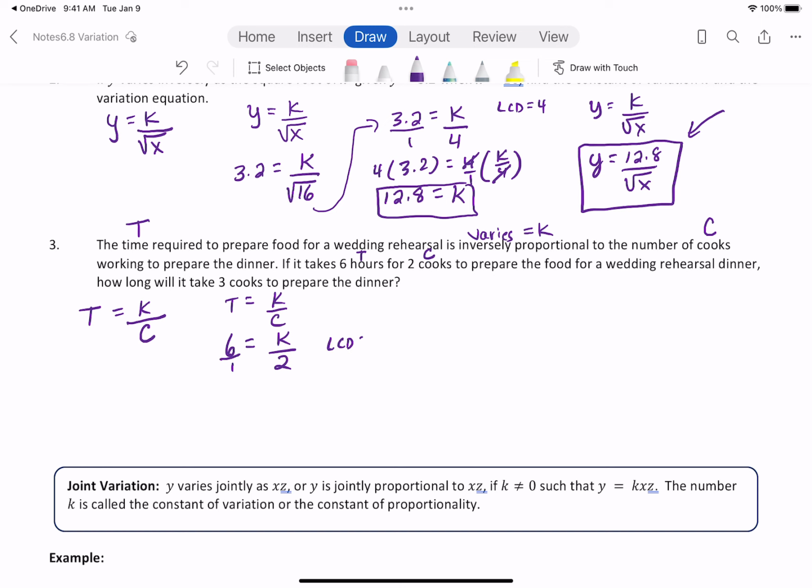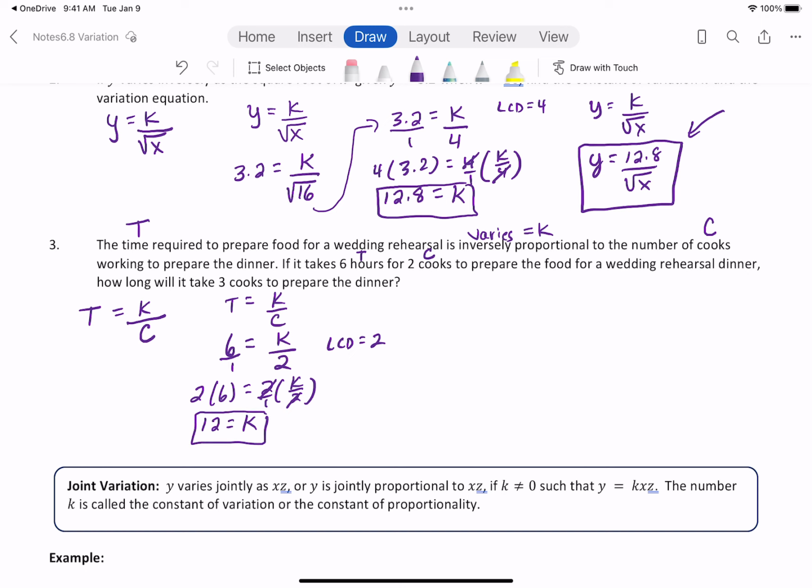My LCD is 2. So I'm going to multiply each side by 2. So on the left hand side, 2 times 6 is 12. And on the right hand side, my common factor of 2 is going to cancel. And I'm left with K equals 12.